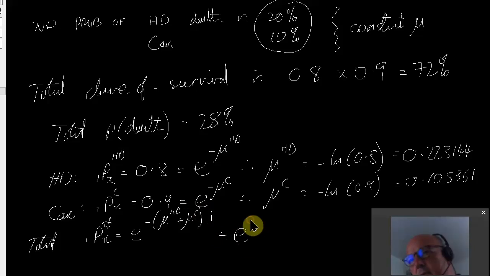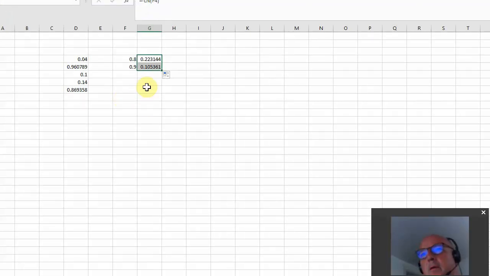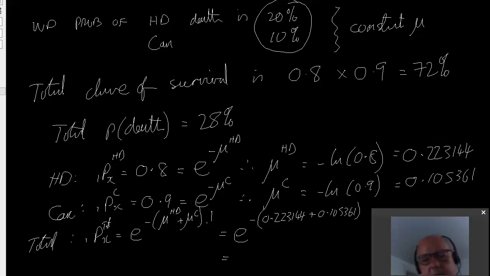E to the minus (0.223144 plus 0.105361). That is the sum of those two numbers, then exponential minus that. And hey presto, we've got our 72% that we could see directly was the answer.